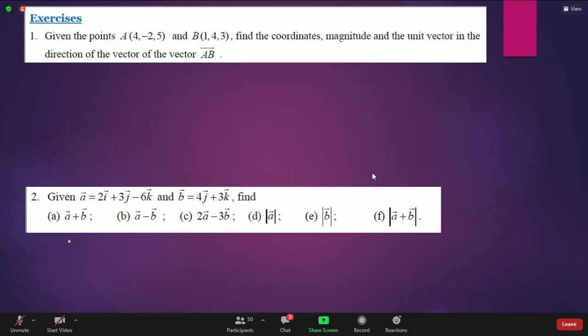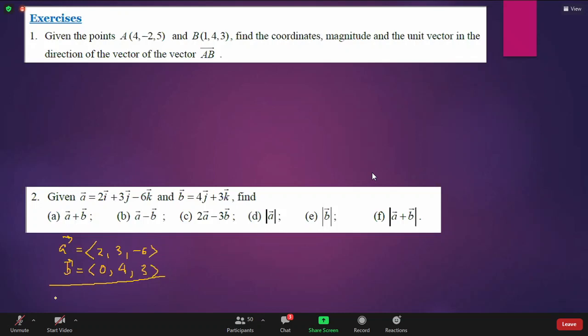So A plus B, we can write vector A horizontally: 2, 3, minus 6. Vector B is evidently, the I coordinate, the first coordinate, is 0. For J, the second coordinate is 4, and the third coordinate is 3. So I can rewrite it in matrix form.